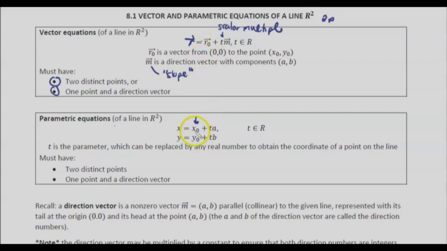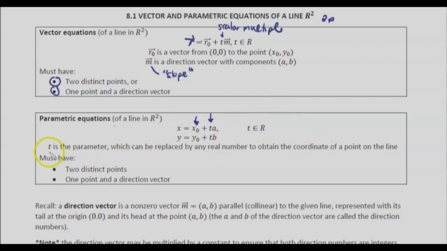We're just taking the different components and putting them into the different equations here. We're still going to have a parameter t, and it's essentially going to be a scalar multiple. And then a and b come from vector m. Again, t is an element of the real number system, so the scalar multiple just has to be any number.